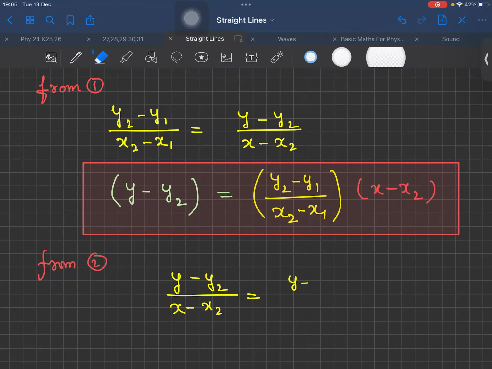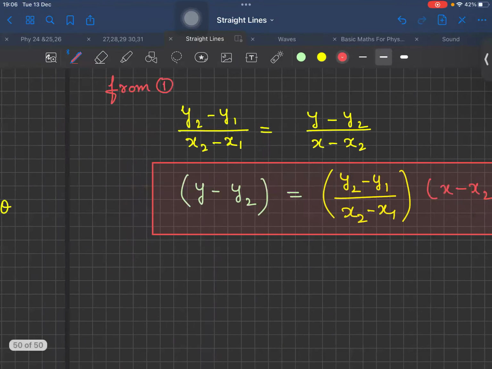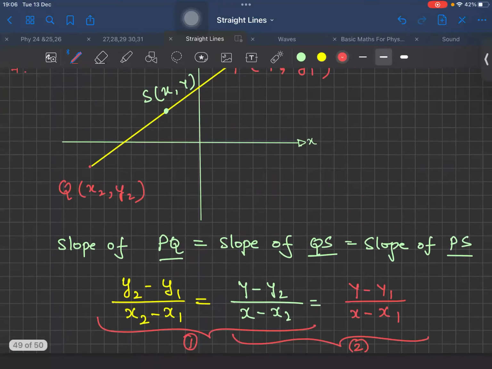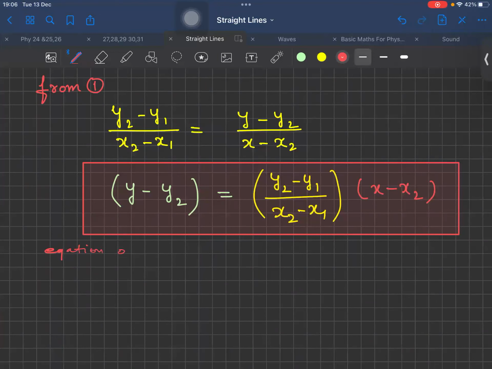It's not needed. You can get the same equation. Let's not waste time. You can use any two and you'll get the same equation. So this is the equation of a straight line if 2 points are given.